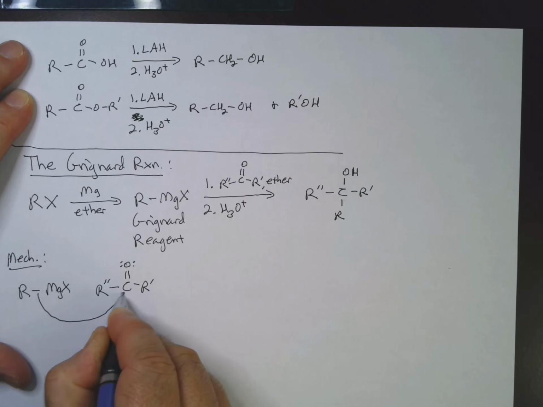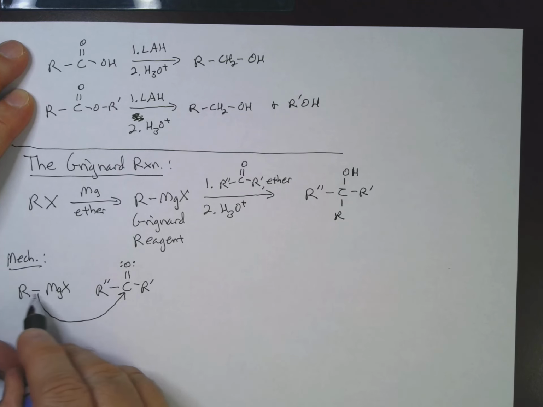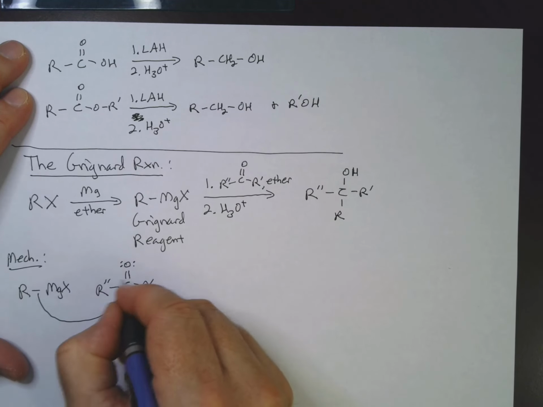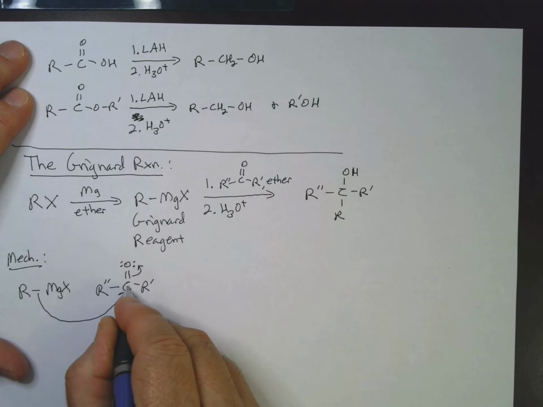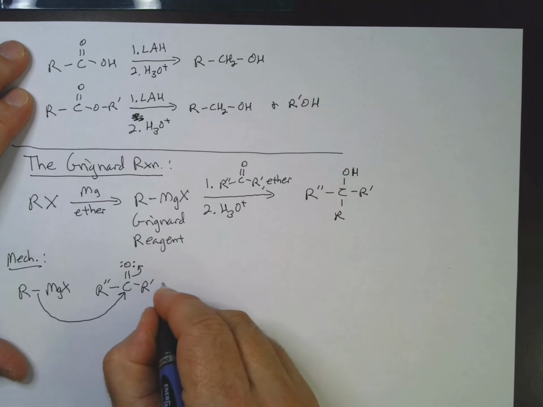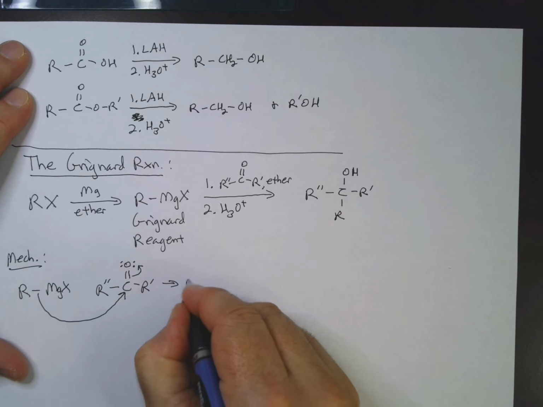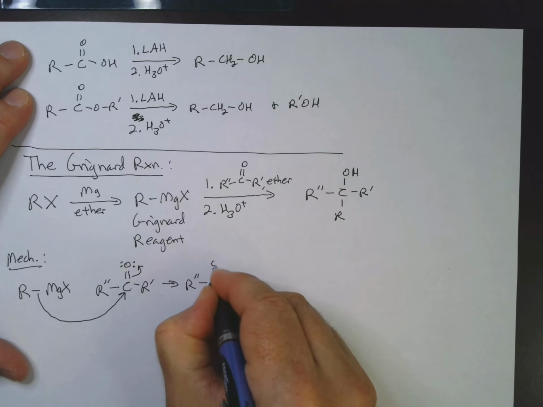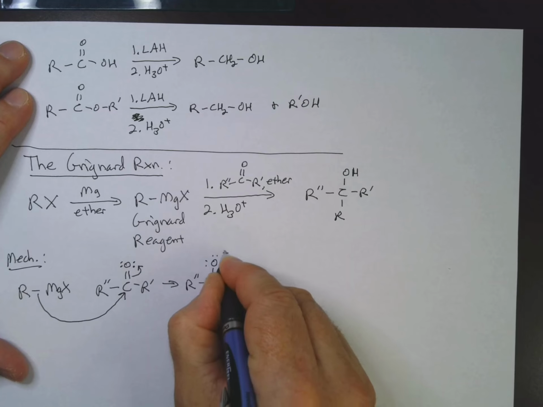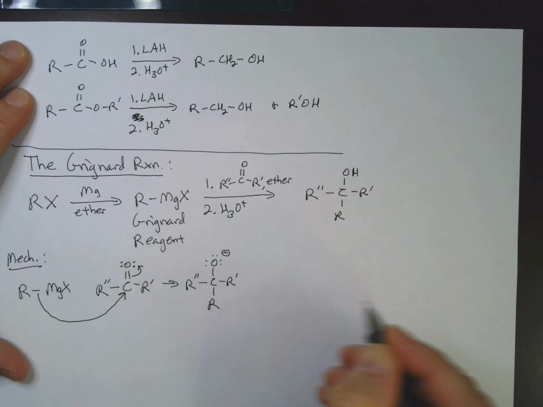We'll get a nucleophilic attack by the electrons in the carbon-magnesium bond, and then that'll kick up. It's kind of like the hydride attack, a nucleophilic attack on that carbonyl carbon. That gives us R double prime C R prime O minus, and then R there.